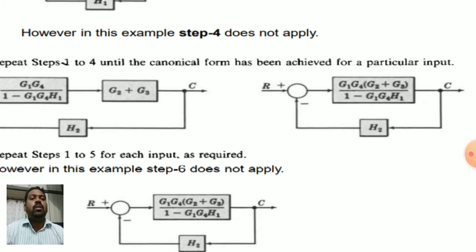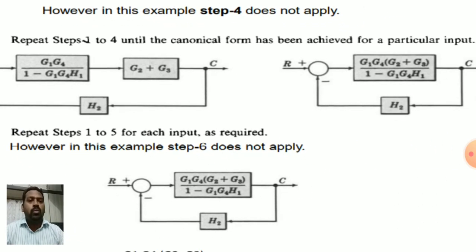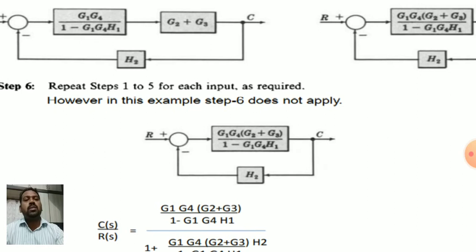Now the feedback signal, that is H2 with negative sign, how to remove it? Once again here G of S is G1 G4 into open the bracket G2 plus G3 whole divided by 1 minus G1 G4 into H1, and the feedback signal is once again H2. However, in this example step 6 does not apply.